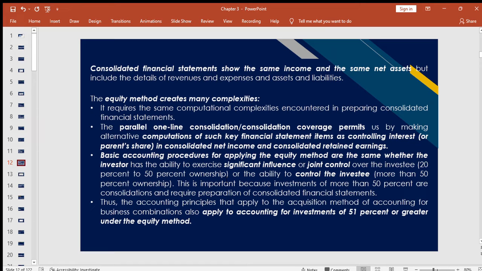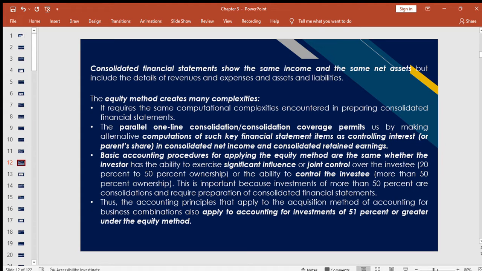This is important because investments of more than 50% are consolidation and require preparation of consolidated financial statements. Thus, the accounting principles that apply to the acquisition method of accounting for business combinations also apply to accounting for investment of 51% or greater under the equity method.